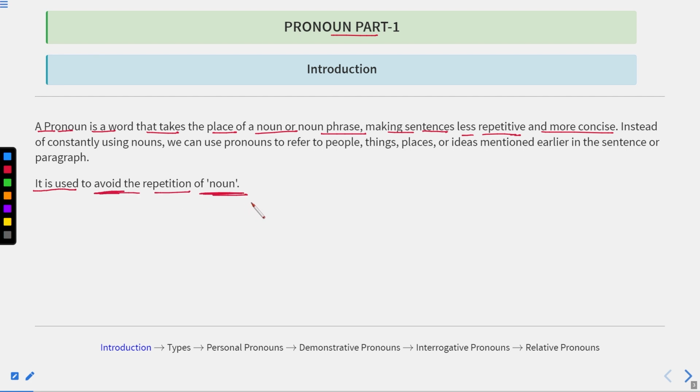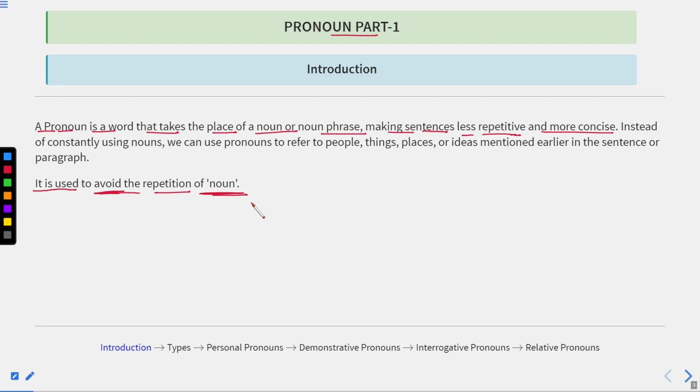Now, what happens if in the entire paragraph, we repeat the noun which is given to us again and again. For example, if I'm talking about a student named Ravi. If I say that Ravi is a good boy, Ravi is very intelligent, Ravi loves Ravi's parents, Ravi does Ravi's homework every day.